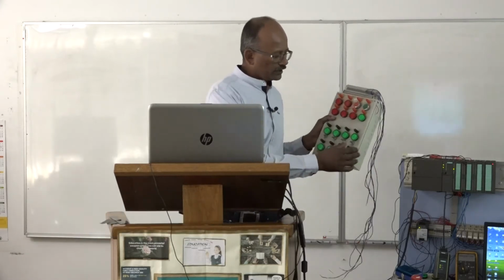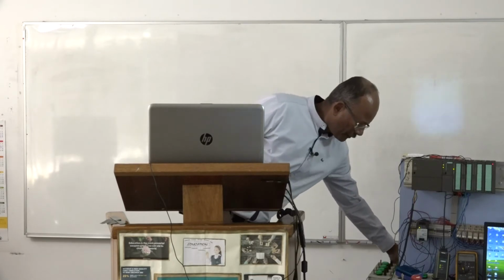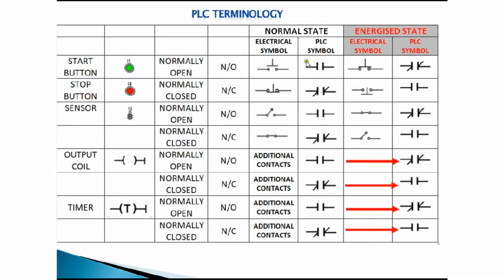Okay, it's not like a toggle switch that stays. We then said the PLC circuit symbol for your start button is just two lines, and that would now represent a normally open contactor.